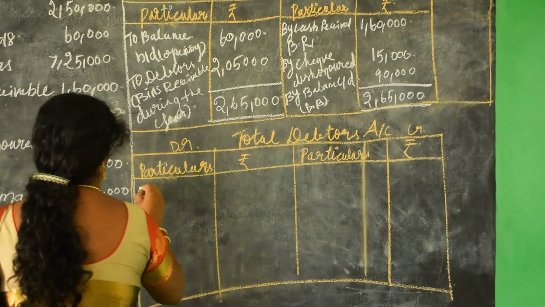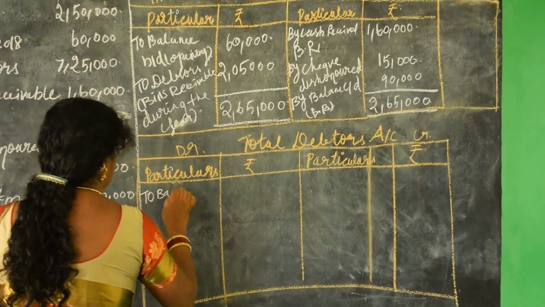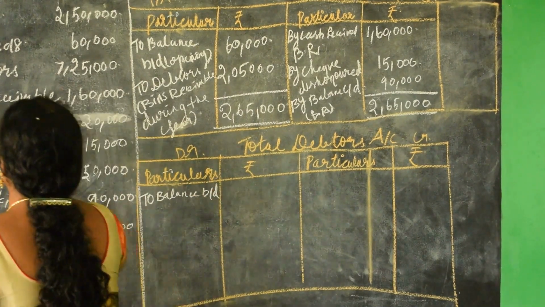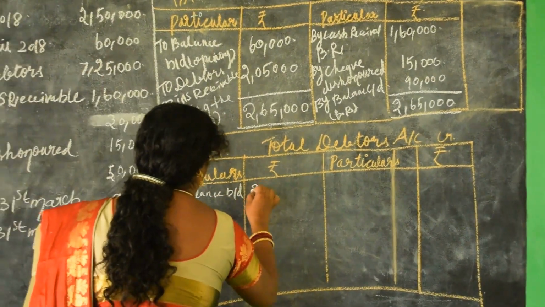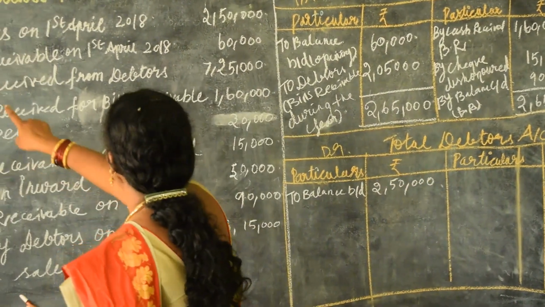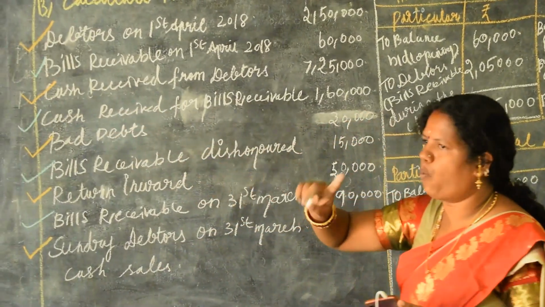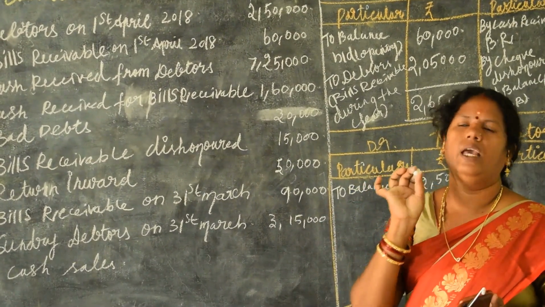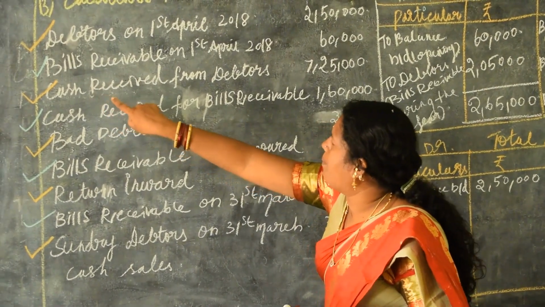Write first To Balance B/D. Opening balance of sundry debitors is 2,50,000. Then next, listen, you should not get confused over here. First, you have to understand and learn the question fully in a detailed manner.